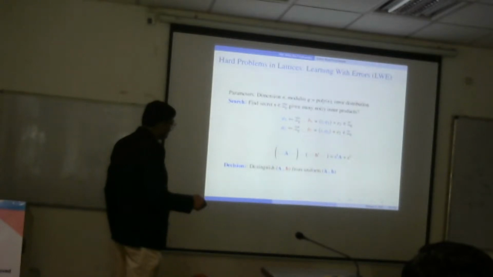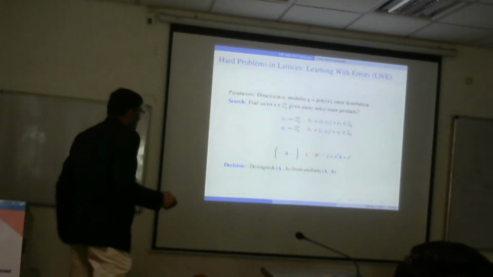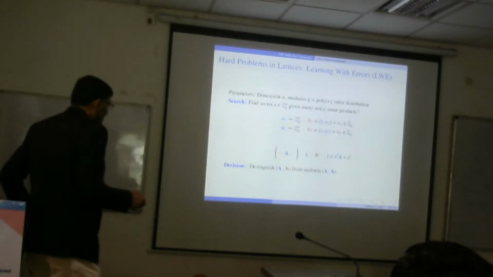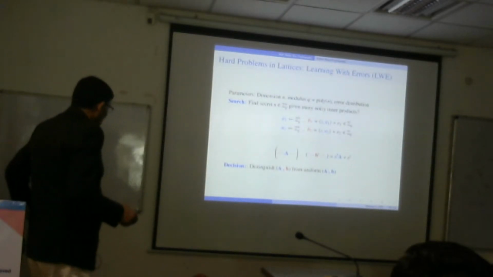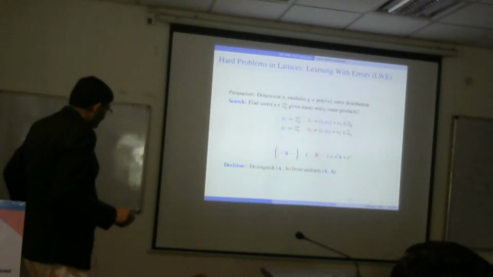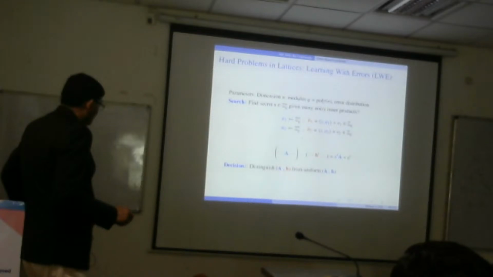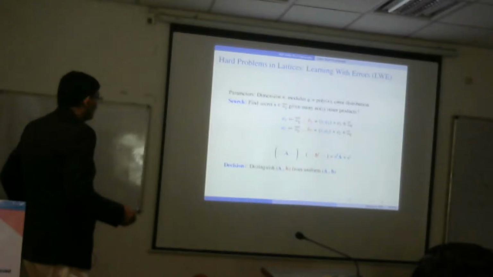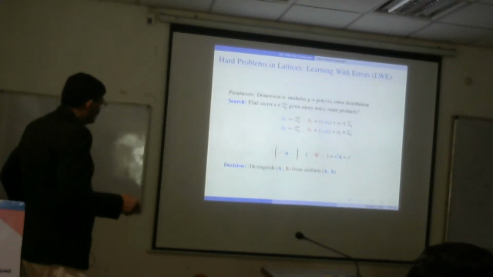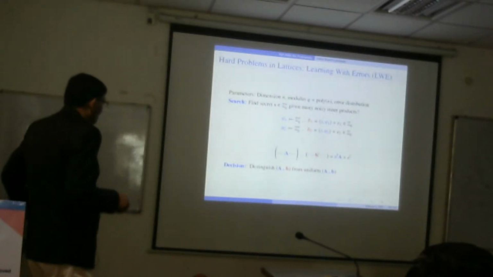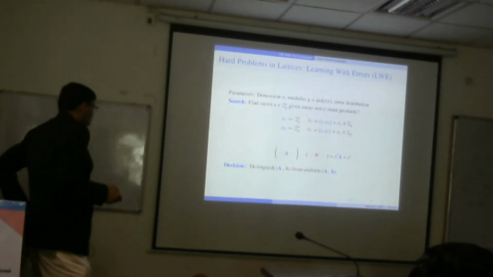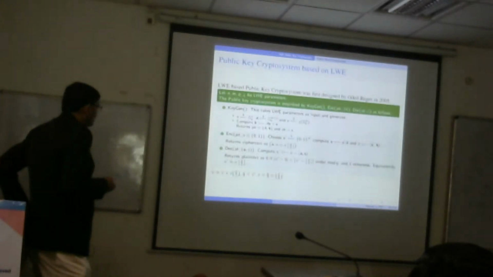Otherwise, if you induce the error, then we have to use a technique for removing this error. Put another way, we have to distinguish the vectors A and B from a uniformly random A and B. This is equivalent to that. Once we have introduced the error, we cannot solve it. Otherwise, we can solve this system of equations. So this is based on the lattice.